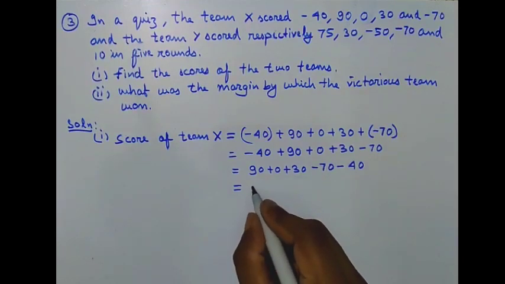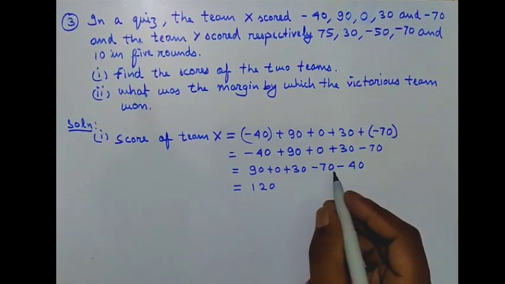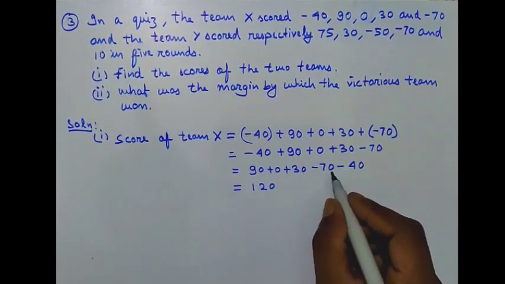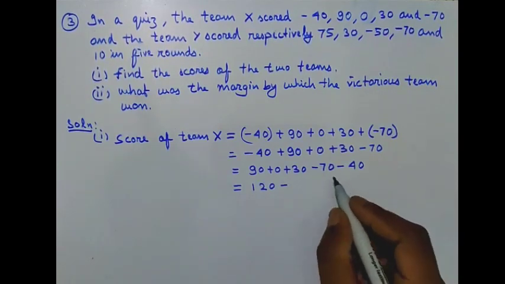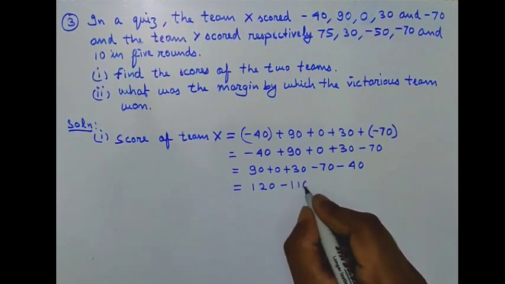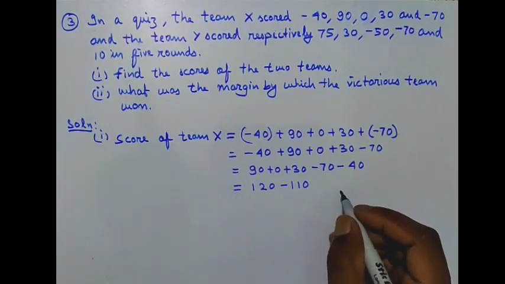So 90 plus 0 plus 30 will result in 120. Then the negative integers will be added together. So negative and negative together will be negative 110. 70 plus 40 will result in 110.